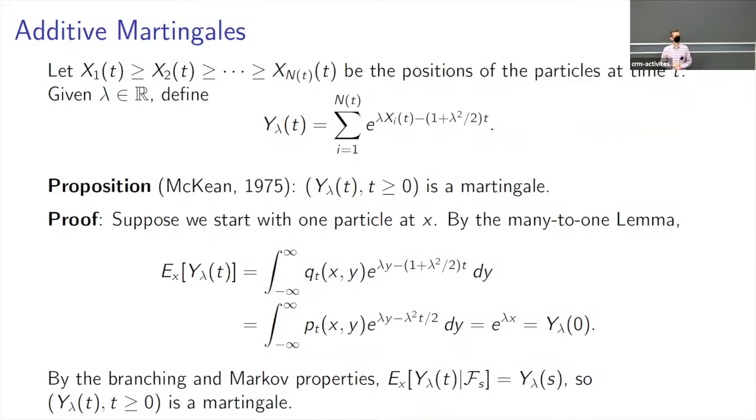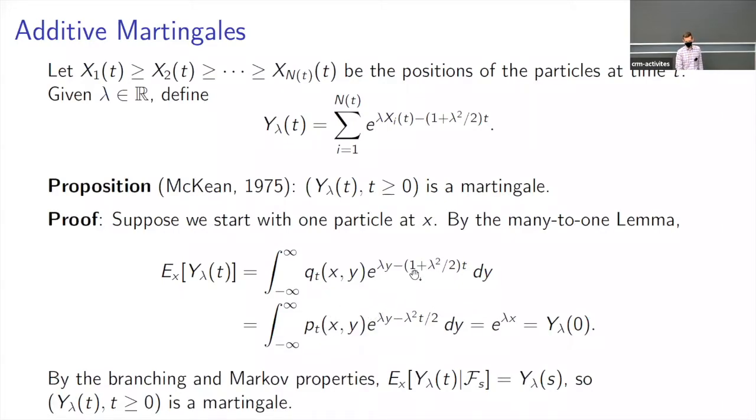Kesten showed that this process Y_lambda is a martingale, and we can prove this using the many-to-one lemma. So suppose we start with one particle at x, and then we can calculate the expected value of Y_lambda(t). We just integrate the density, q_t(x,y), against this function here. And then q_t(x,y) is e to the t times p_t(x,y).